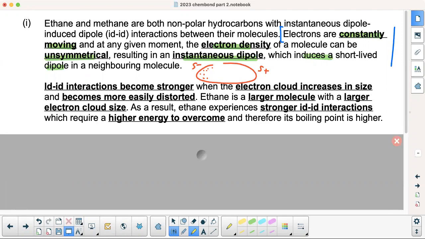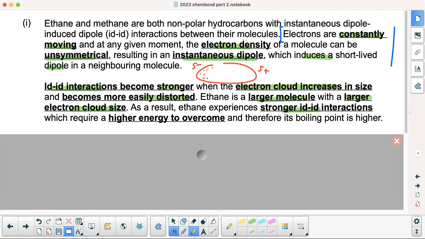This one we know: ID becomes stronger when there are more electrons. More electrons means the electron cloud is more easily distorted. So ethane has a larger molecule with a larger electron cloud, more electrons, so stronger ID, and more energy is needed to overcome it. So fill it in.